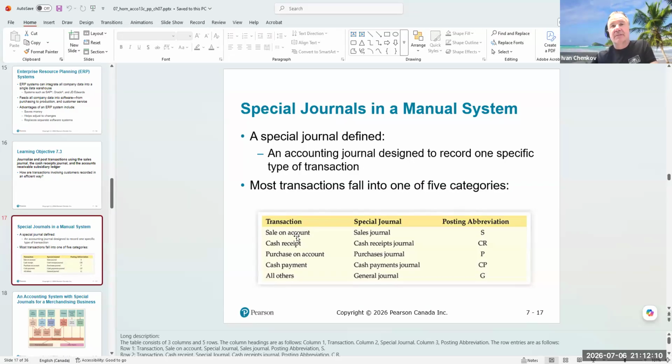Any cash that you receive, you put in the cash receipt journal. Every time you purchase, you put it in the purchase journal. Every time you pay, you put it in the cash payment journal. For any other entries, you use the general journal.